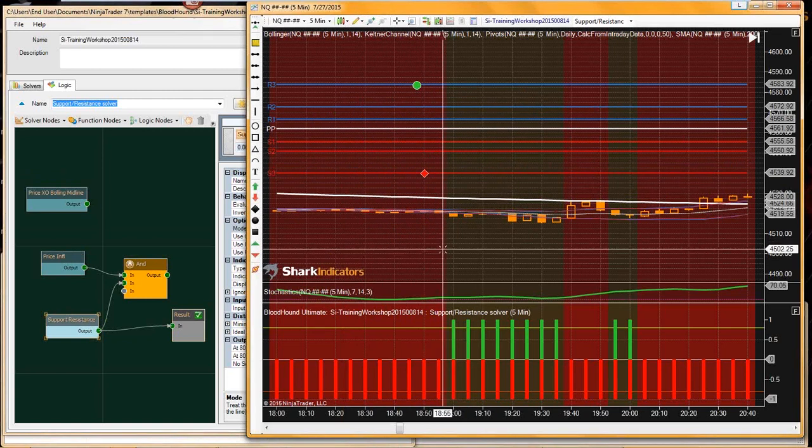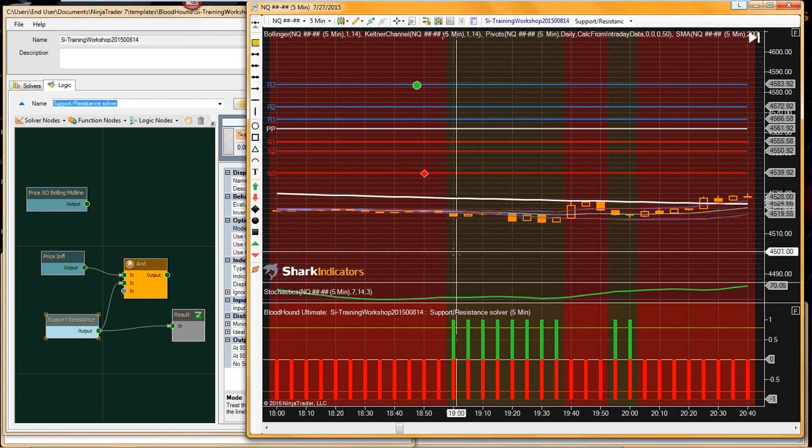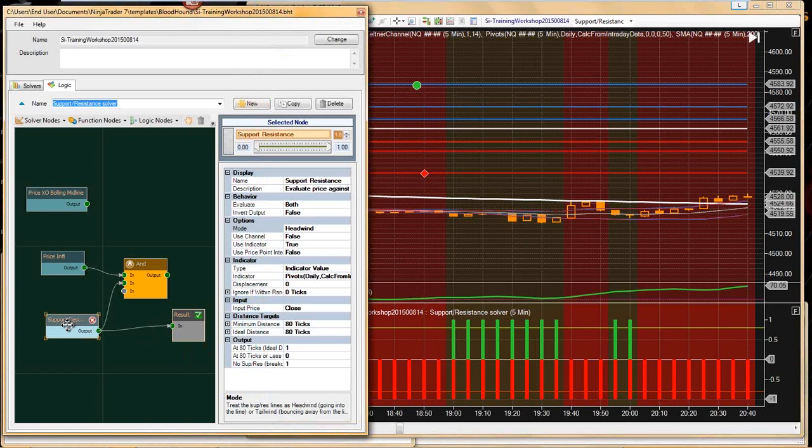The indicator doesn't have to just plot lines on the chart, an indicator can also have what's called a data series. So let's see if I can find an example.